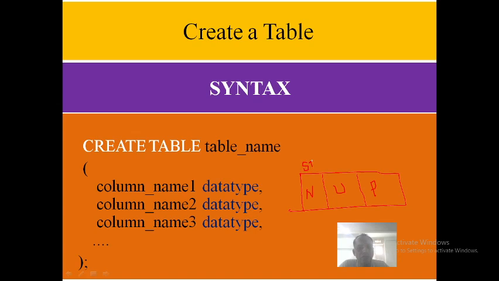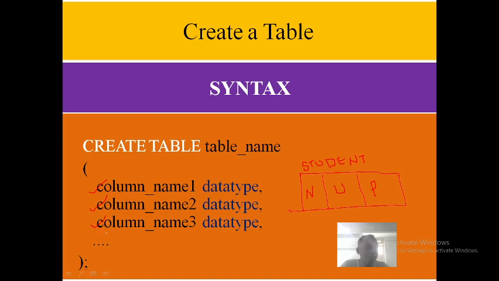You can give whatever you want. Student is the table name, and these are the column names. The first column is name of the student, the second column is university seat number, and the third column is percentage.